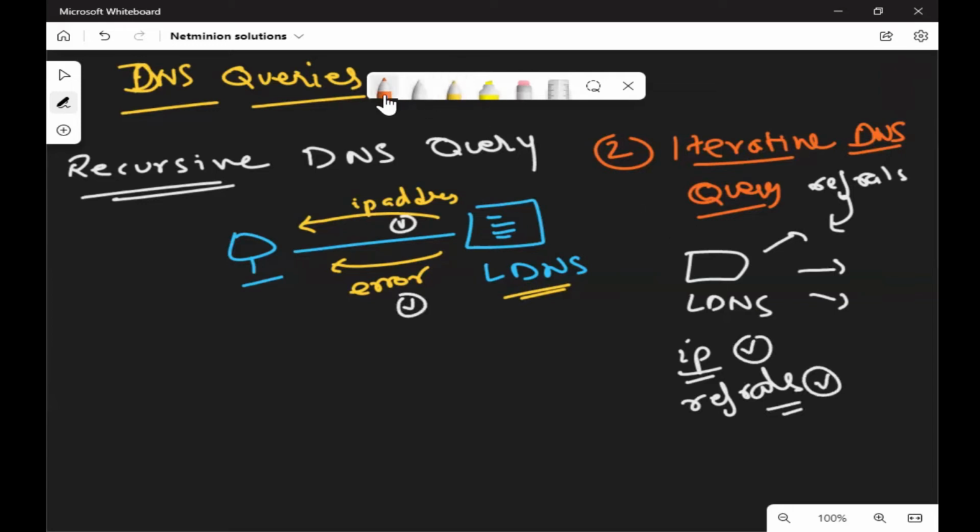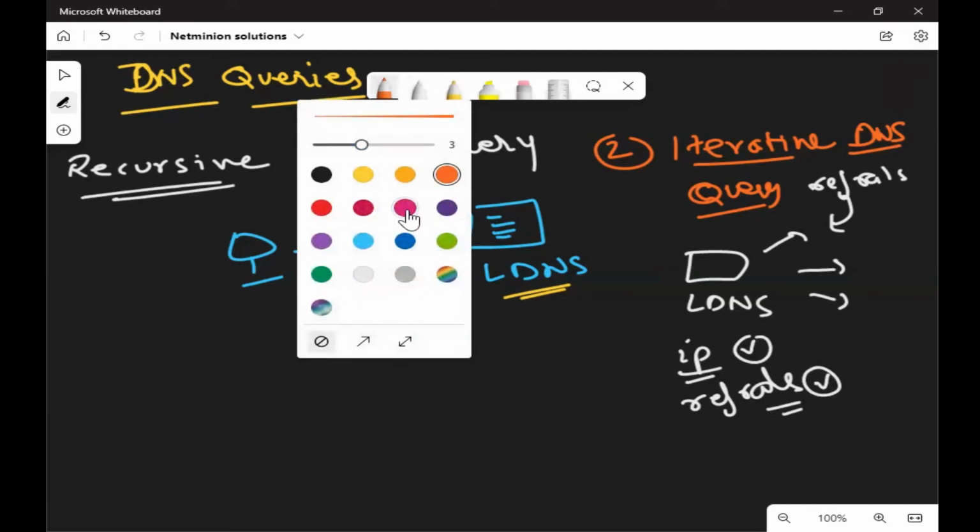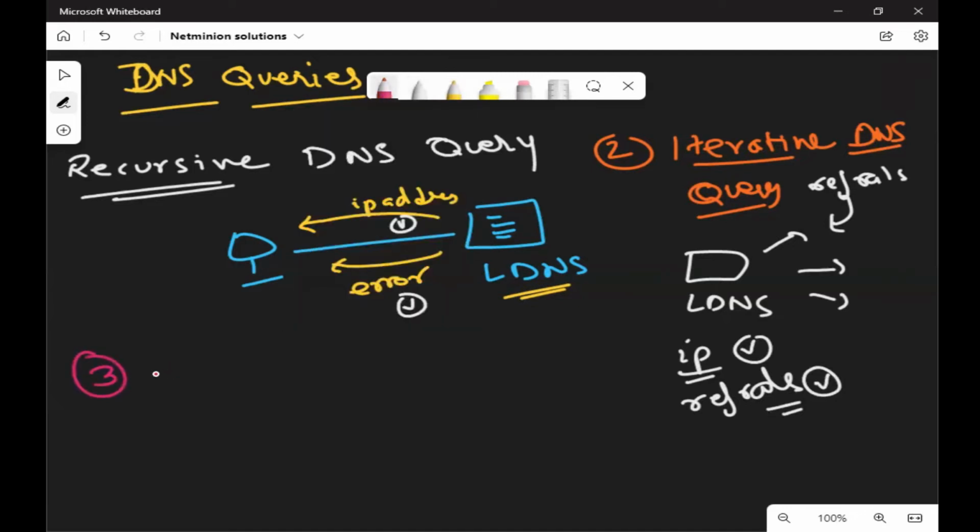Now the third type. Okay, these 2 types you talked about correctly. The third type is the non-recursive DNS query. Can anybody let me know what that is? Any guess? Okay.